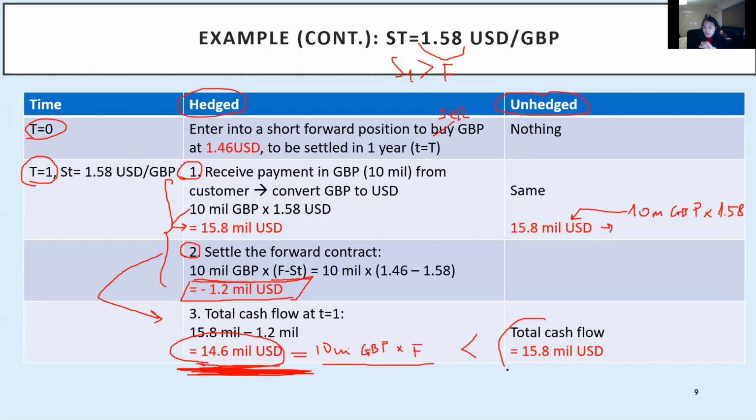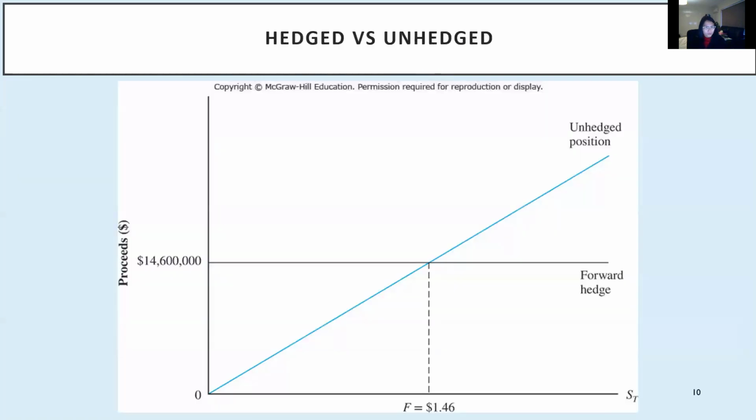In contrast, if I don't hedge, then my payoff would be determined by the market rate in the future, okay? So to illustrate on the graph, if I were to draw the payoff function for an unhedged and a hedged position, with the unhedged position, it looks like this, right?